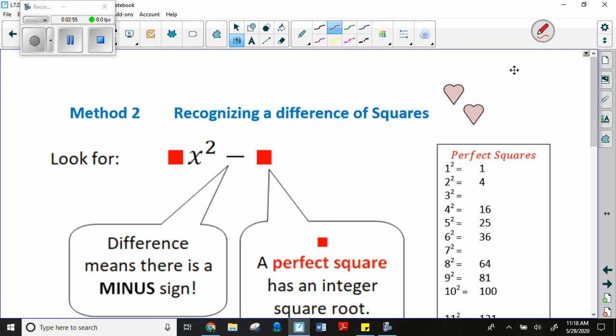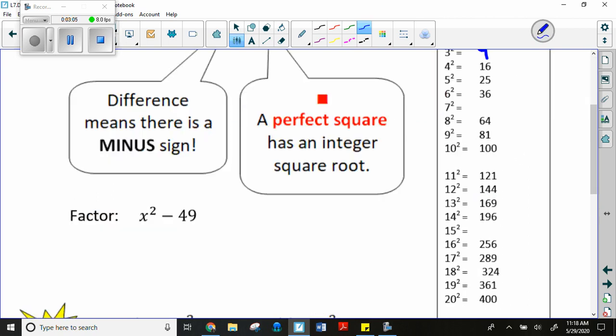The list goes 1, 4, 9, 16, 25, 36, 49. Let's fill these in. I need a calculator halfway down, even though I should have them memorized. 3 times 3, 9. 7 times 7, 49. 15 times 15 is 225.